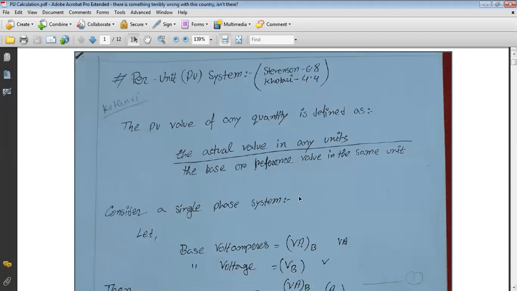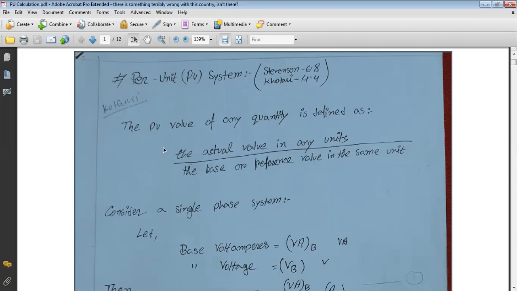It means that if we want to convert a voltage value to a per unit value, then we have to put the actual value of the voltage here, divided by the base value or reference value in the same unit. It means the base value in the voltage unit.